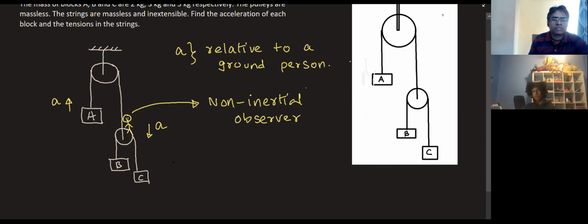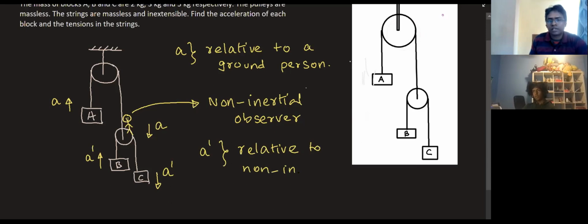Looking at the masses, C will go down with some acceleration, and B will go up with some acceleration. I'm going to call them A prime. A prime is the acceleration relative to the non-inertial observer, or you can say relative to the movable pulley.